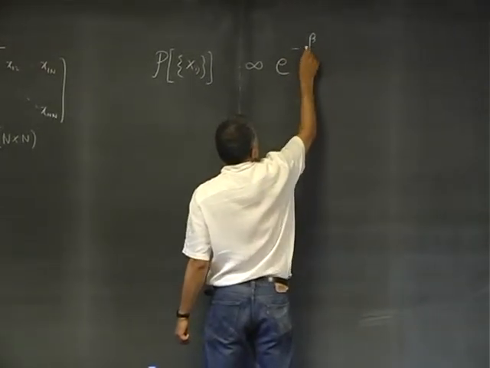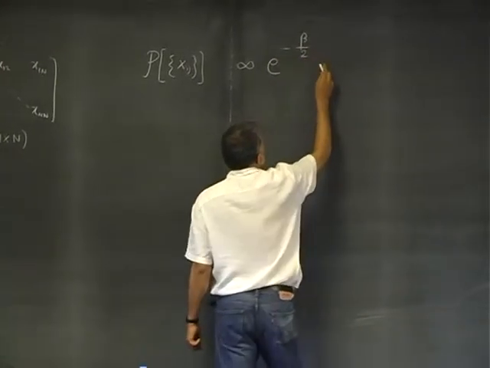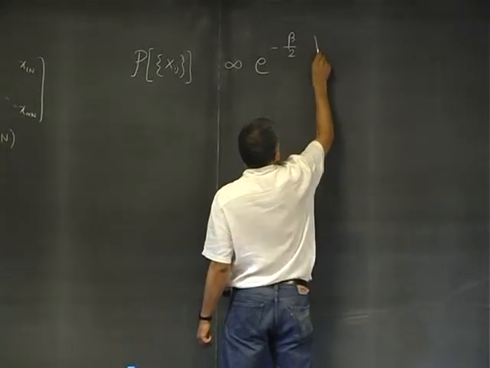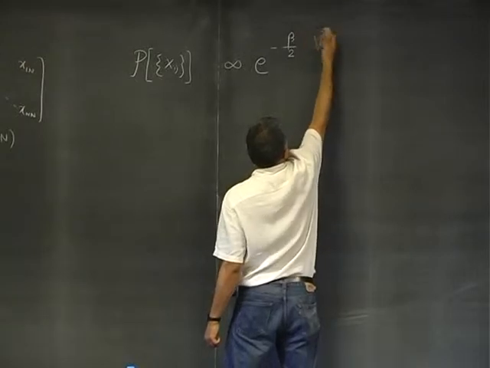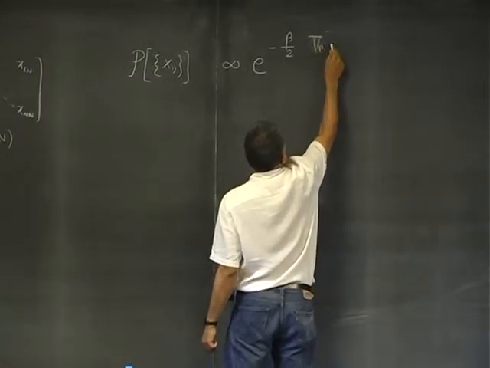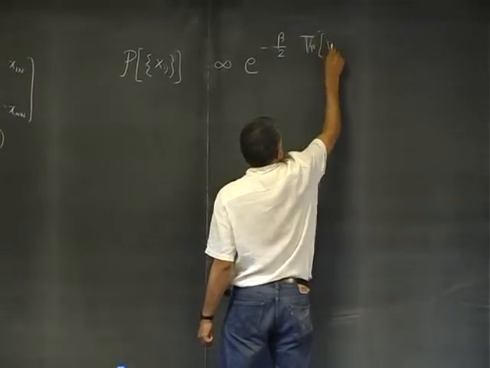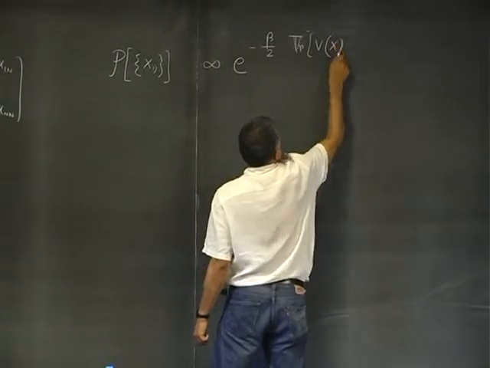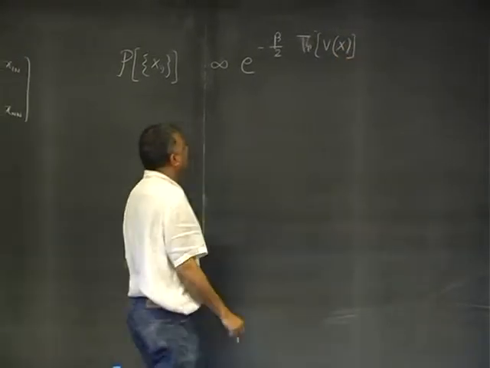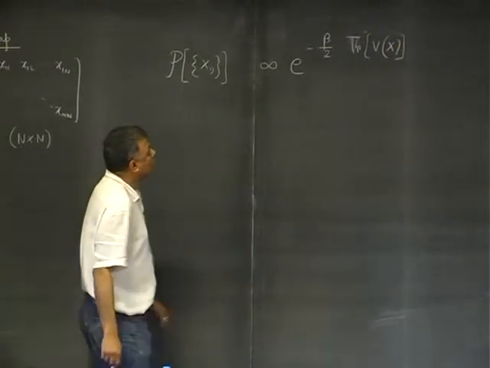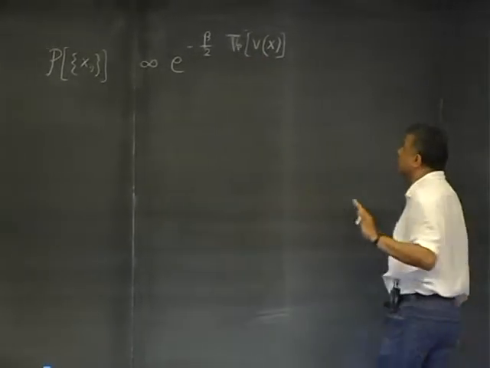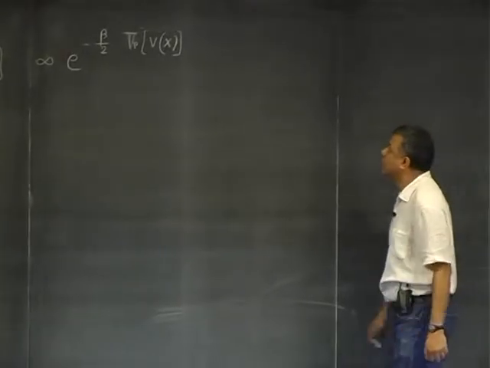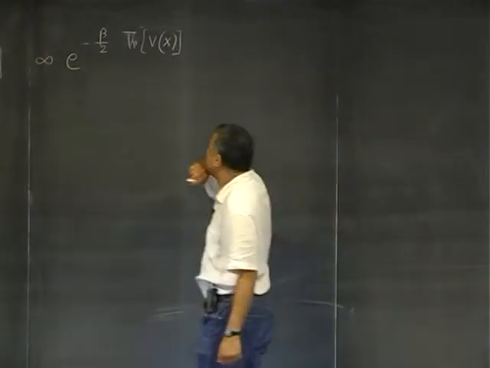I'll just put a beta factor here. So this V(x) is a polynomial potential, and in particular, if you just take the quadratic, then it just becomes Gaussian. Otherwise, you can consider the general potential like that.